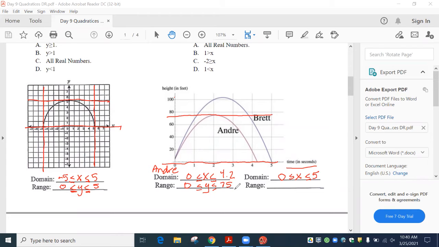So Andre throws now. We were talking about this. I have no idea because I've never measured what anybody threw vertically, but 75 feet in the air would be about 30 yards. So we were trying to think of a quarterback throwing a football. Like if you were trying to throw it high to where it came in like over the shoulder, I could maybe see that throwing it that high. It seems pretty high to be throwing it.